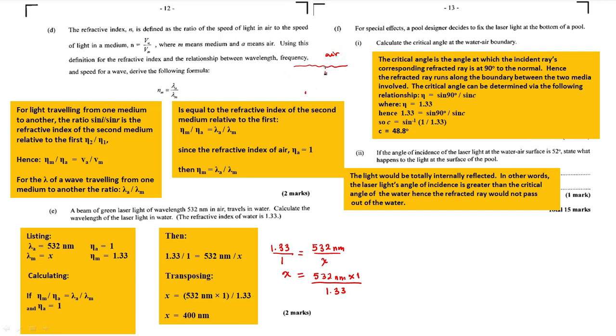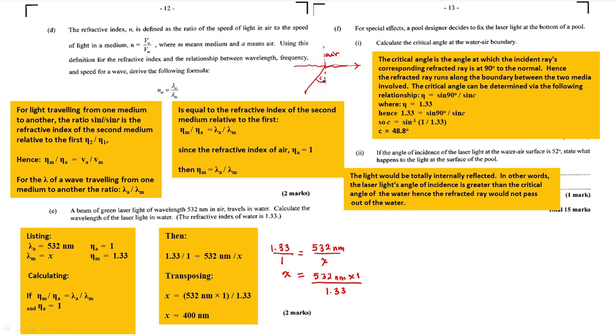If the light hits the normal at a specific angle known as a critical angle, right? Because the light could hit at many different angles, but if you hit it at a specific angle, this light will never leave the water. It will just run across the boundary of water. The refracted ray hasn't left, it's just running along the boundary of the water, and that is when we have reached a critical angle.